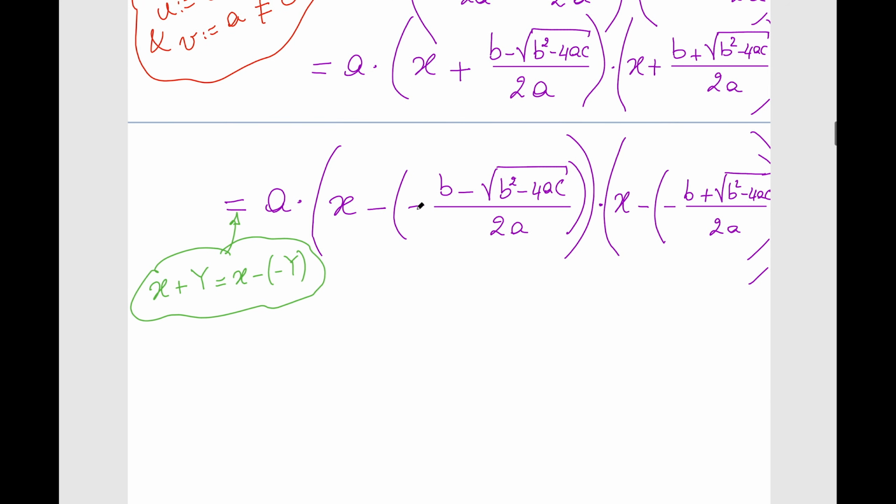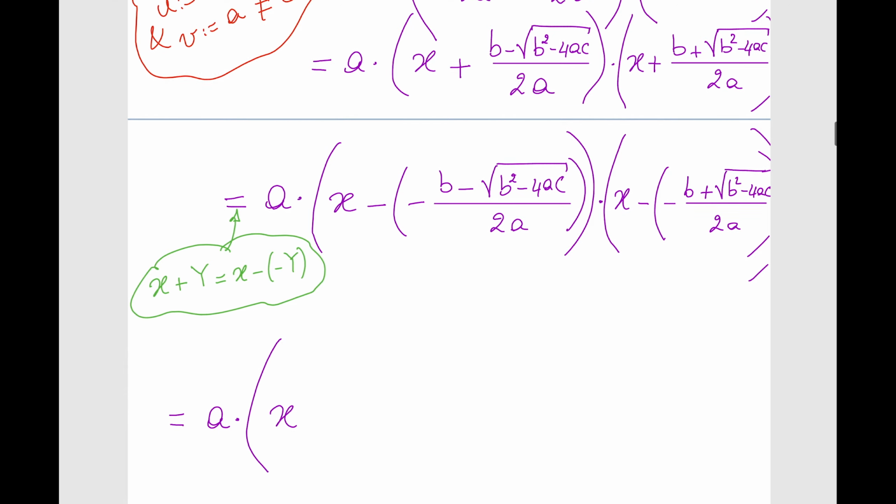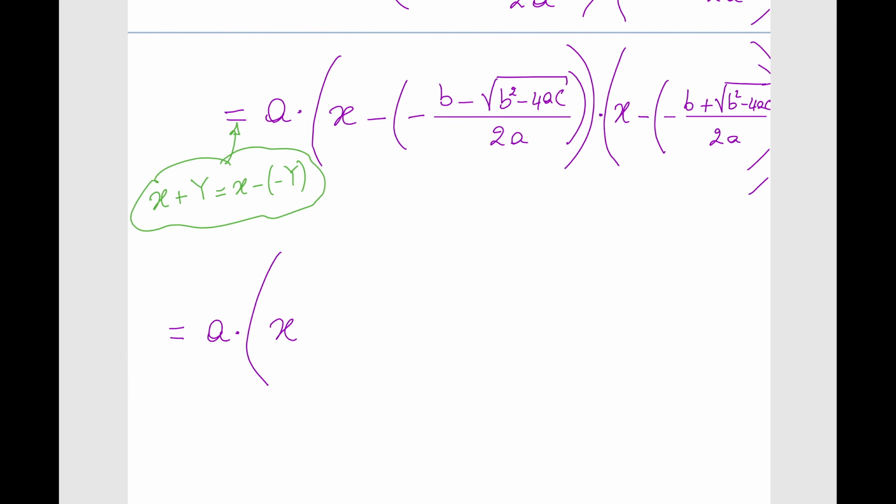And then what? The last step is that the minus that you see over here is either for the entire numerator or for the entire denominator, right? Let's take it to the numerator. So the minus is going to go upstairs, and I'm going to get a times, as we said, let's take it upstairs. So I get x minus. What's the thing I'm taking upstairs?